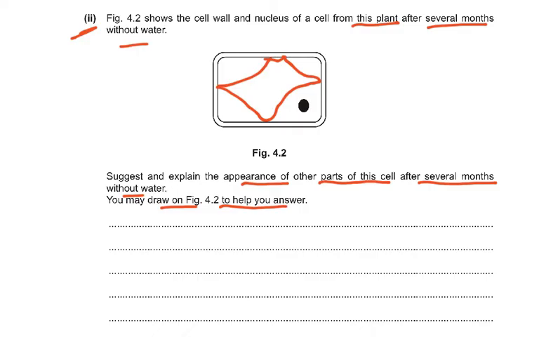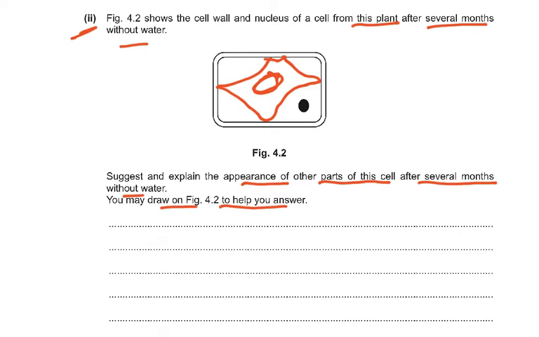So cytoplasm shrinks, sap vacuole shrinks, cell membrane pulls away from the cell wall. If the cell membrane pulls away from the cell wall, and the sap vacuole has shrunk, which you can see here, the sap vacuole has shrunk. Cell membrane pulls away from the cell wall. This is going to be lack of turgor pressure, and this is called what? This is called plasmolysis.